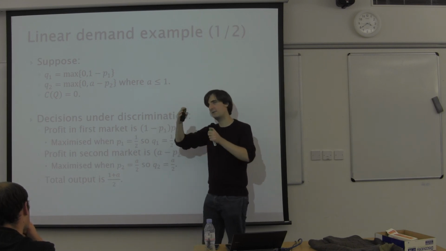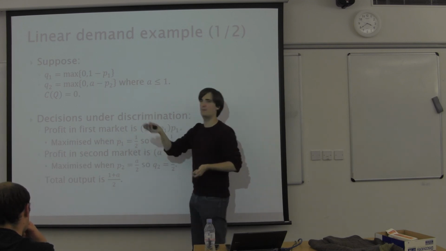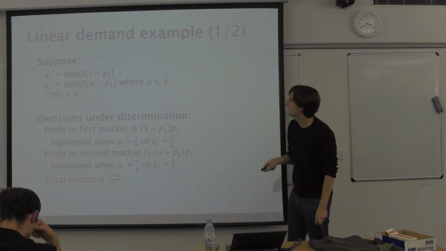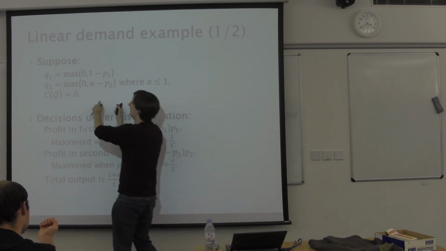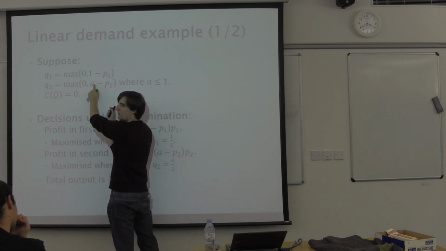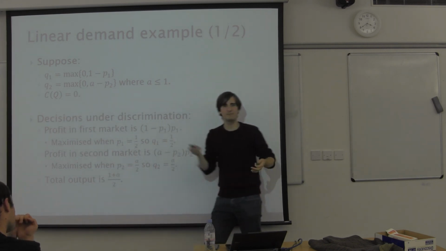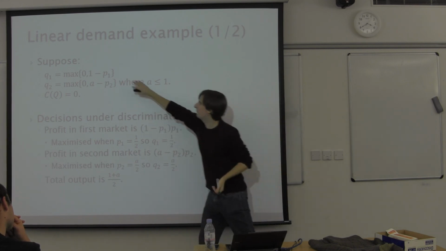If the low value types have low enough demand, then the profit maximizing thing for the firm would be just to sell to the high value types without discrimination. So welfare is going to be improved by discrimination when the demand of the low types is quite a lot lower than the demand of the high types. And if you think about relative incomes in the US versus Mozambique, that's probably the case.